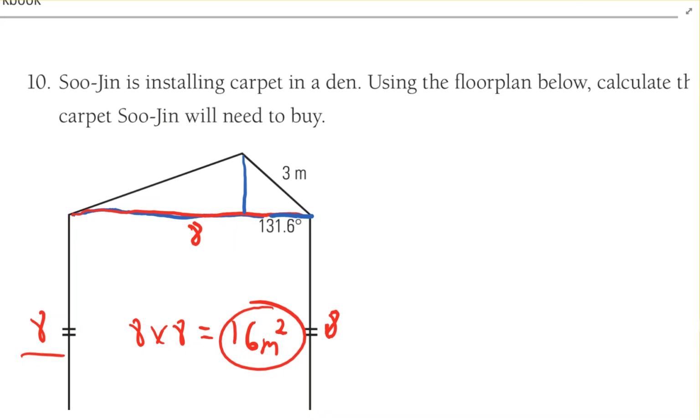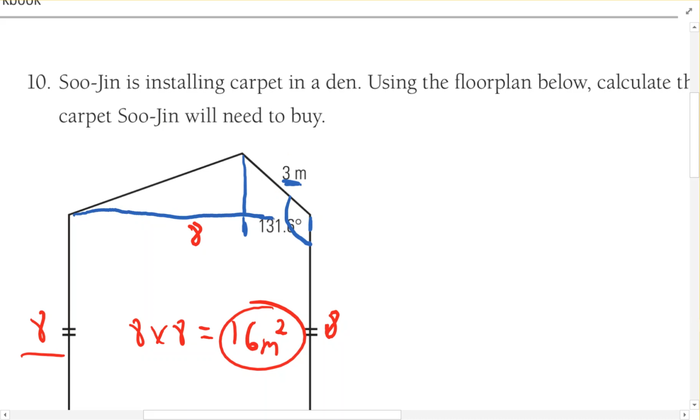So really, we need to figure out what the height is here. We can figure out that height if we need one more thing, because I know that the hypotenuse of this little triangle is 3. I don't know what the length is from there to there, and I don't really know what the angle is from there to there yet. But we can figure that out because this 131.6 is the angle from here to here, the whole thing.